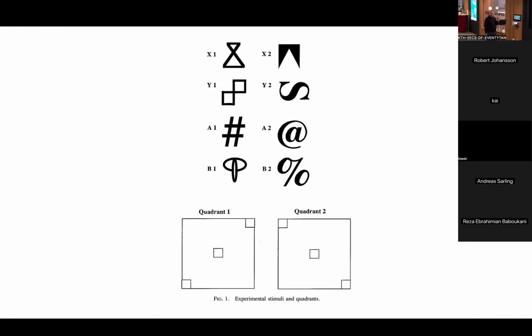The symbol was placed in the middle and the child was trained to put it either in the top right corner or the bottom left corner in the first run. So for example, with X1 in the middle, the child was trained to put it in the top right corner rather than the bottom left.